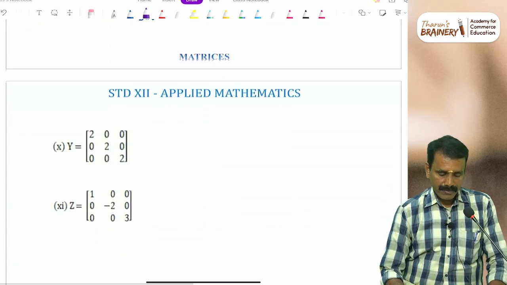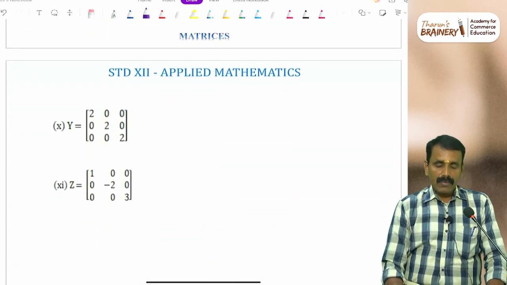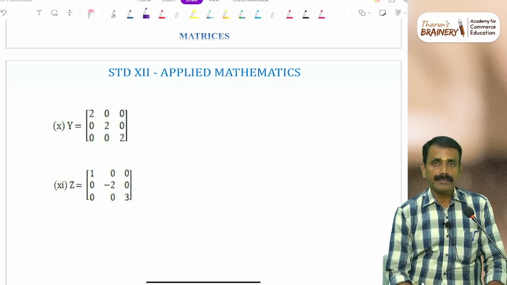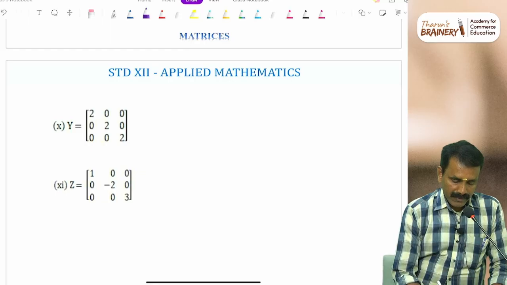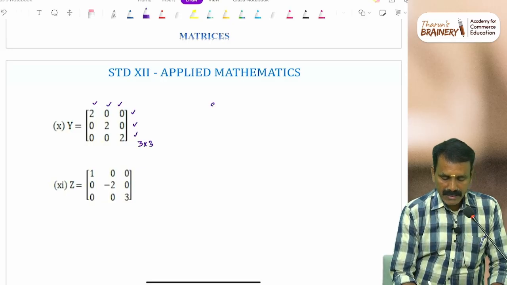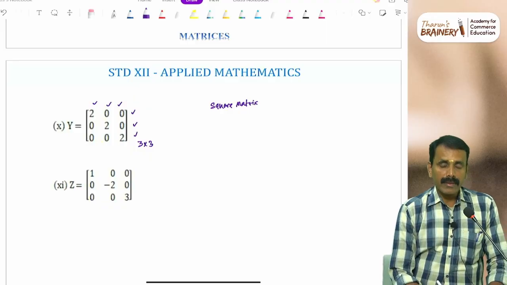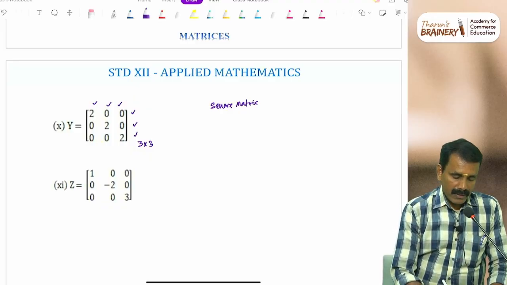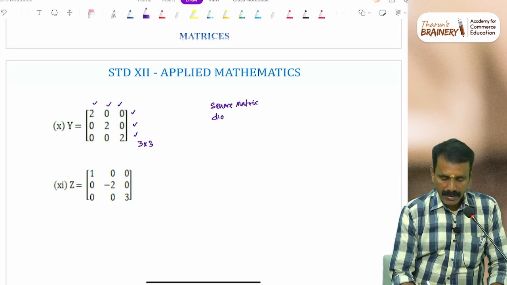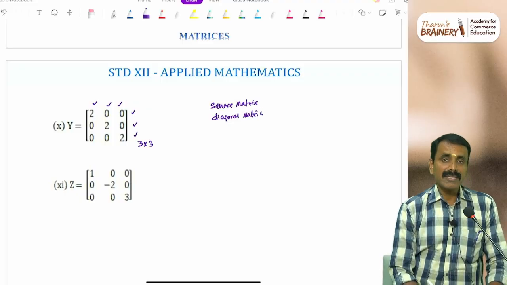Now, we move on to the next question. In the previous case we had 1, but now we have 2, 2, 2, correct? So, this is a square matrix. We can very well see that it has 3 rows and 3 columns. So, number of rows is equal to number of columns, so it is basically a square matrix. And except the leading diagonal elements, all the elements are 0. So, it is a diagonal matrix, and all the diagonal elements are the same.